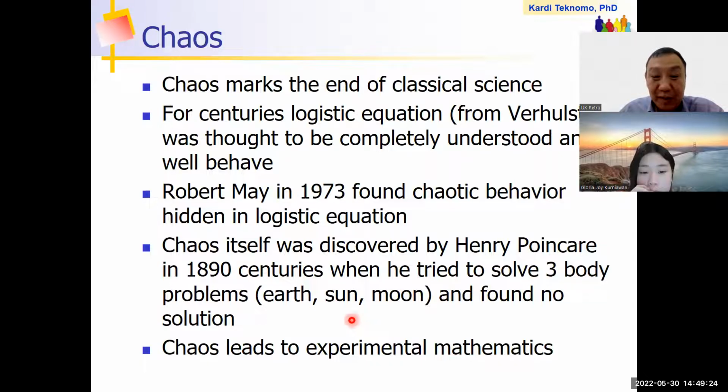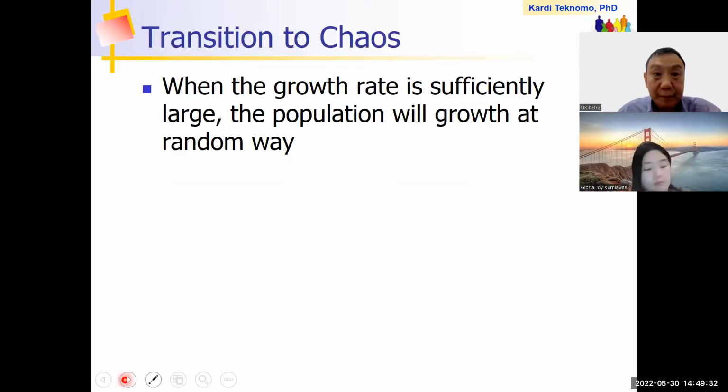Because of that, it led to chaos in mathematics. So look at it this way, meaning when your growth rate is sufficiently large, in terms of that population a while ago, that population will grow in a random way.